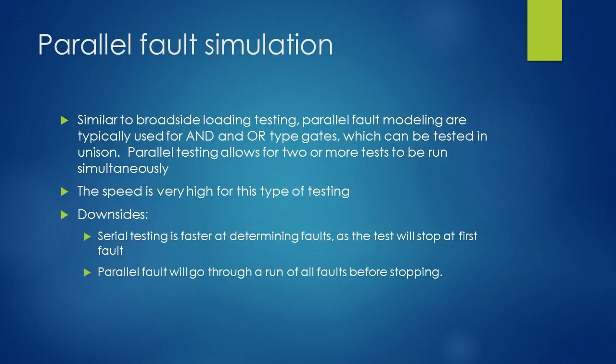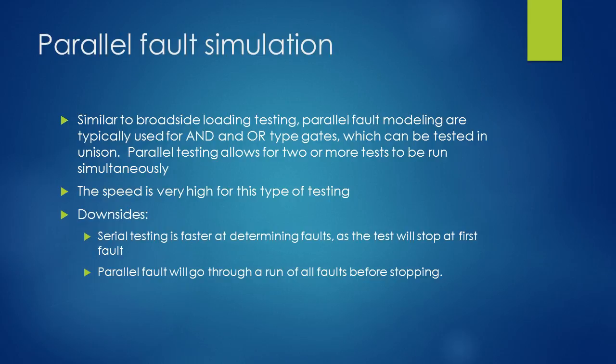So similar to broadside loading, parallel fault simulations are used typically for AND and OR type logic gates, which can be tested in unison. They're tested in unison using two different logic words at the same time. Parallel testing allows for two or more tests to be run simultaneously. The speed is very high for this type of testing.